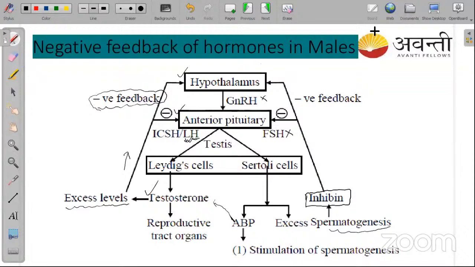Someone asked me the long form of ICSH. Actually, luteinizing hormone is also known as ICSH.